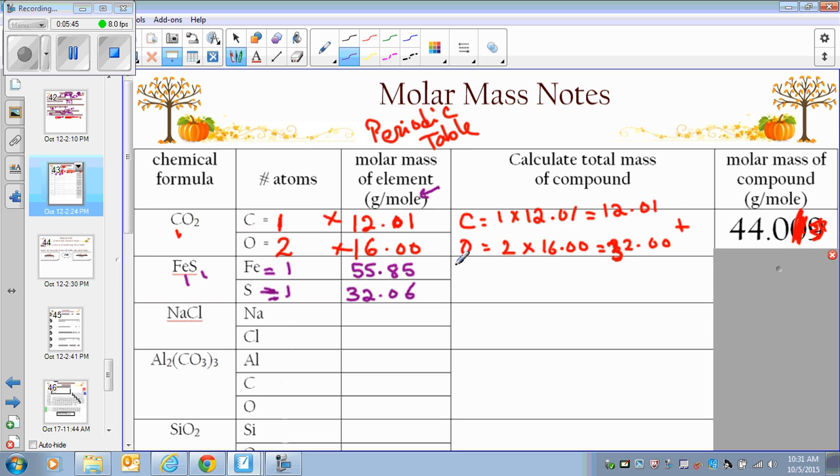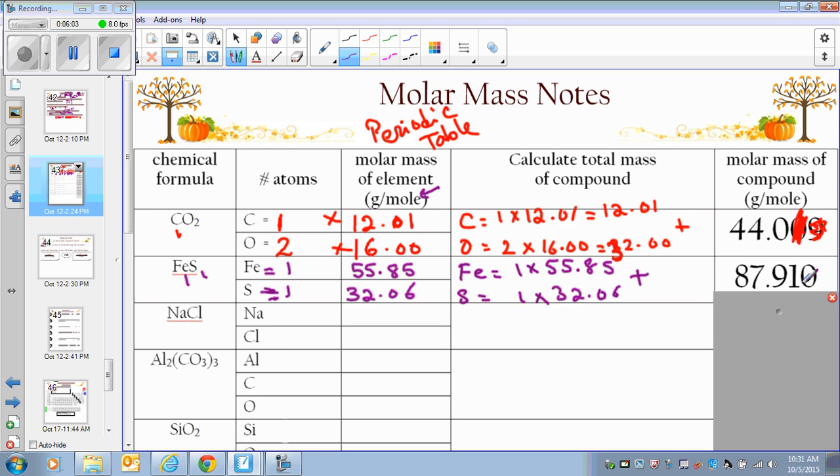To calculate the total, I take 1 multiplied by 55.85 for iron and 1 multiplied by 32.06 for sulfur, and then I add them together. My answer should be 87.91 grams per mole. If you don't write the unit with your answer, you will lose 1 point. So make sure you write it.